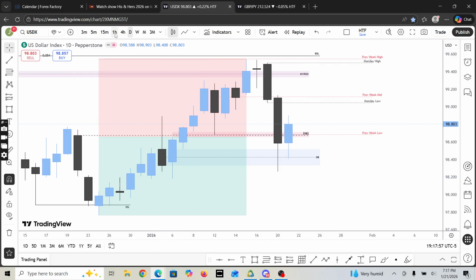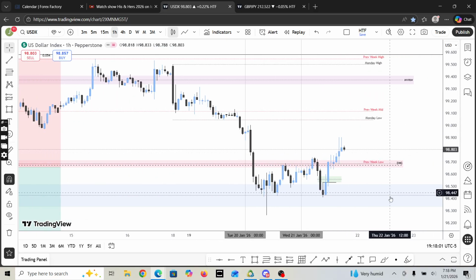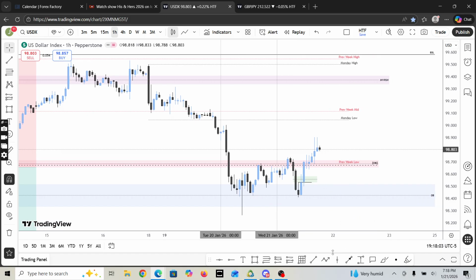So I'll switch to the H1 quickly, and then I would go to yesterday. This is what I marked out. And then I said that I wanted to see how price would behave after taking this out, right? Price was using this as a ceiling or a resistance level.